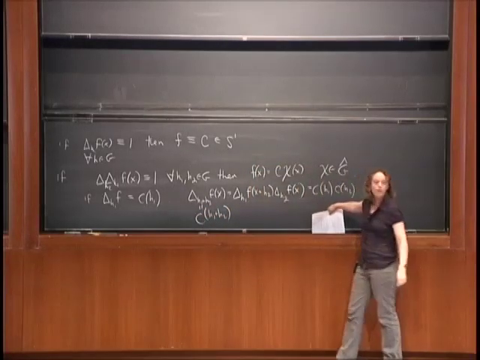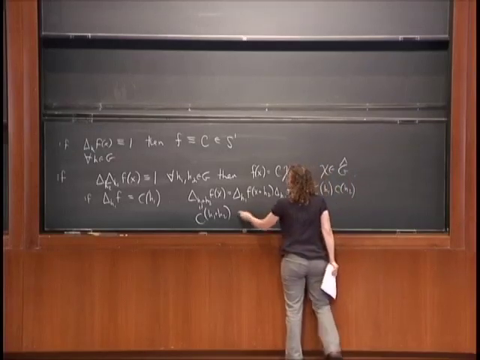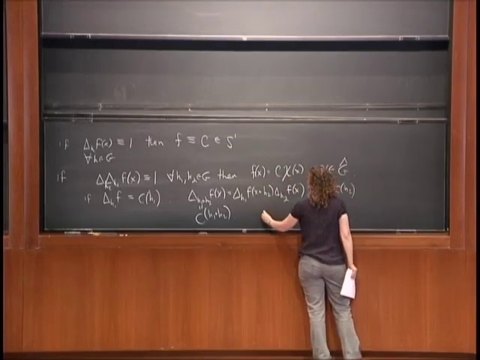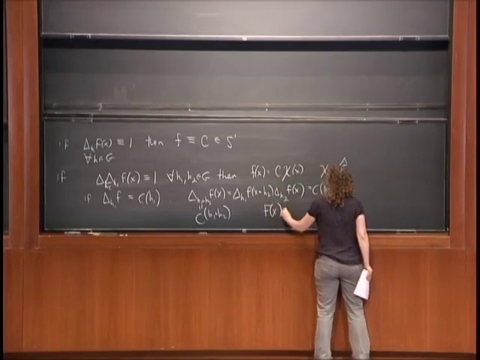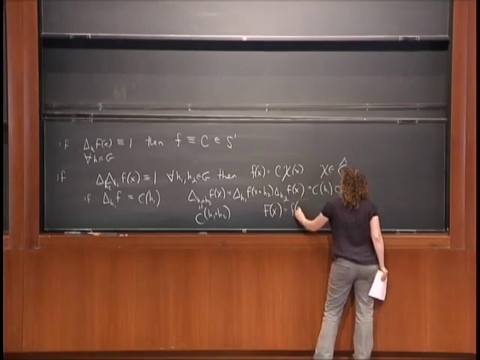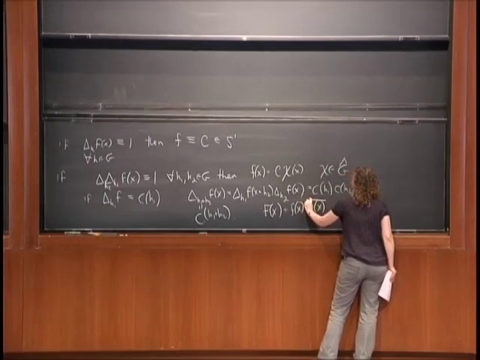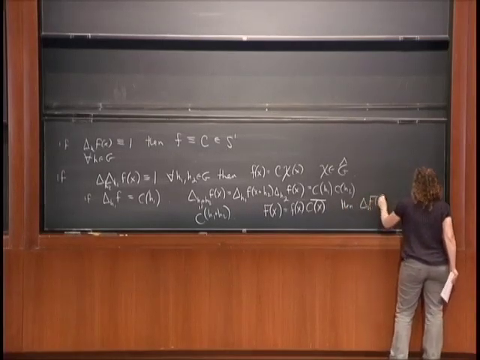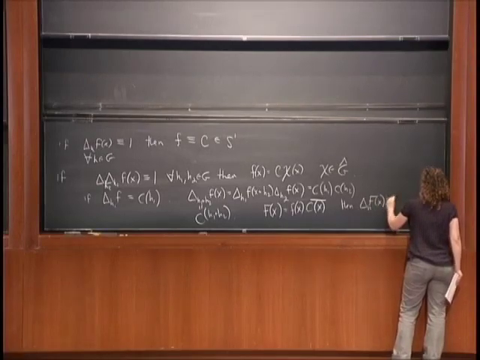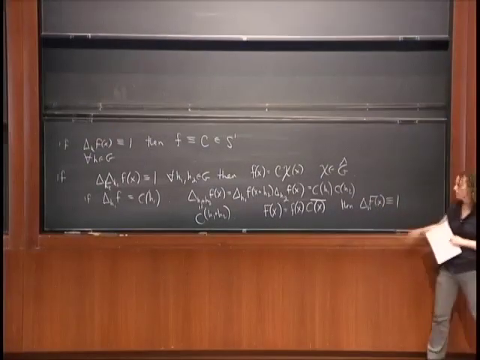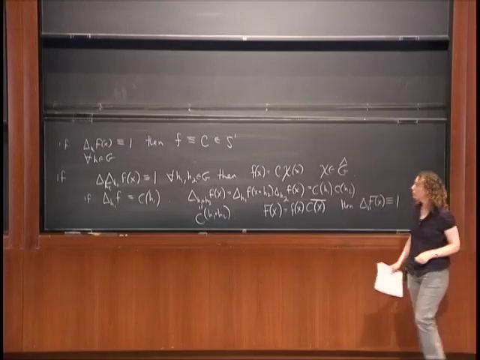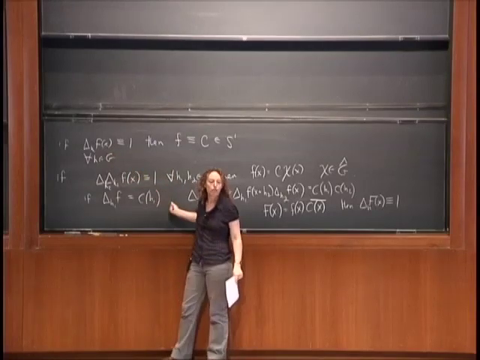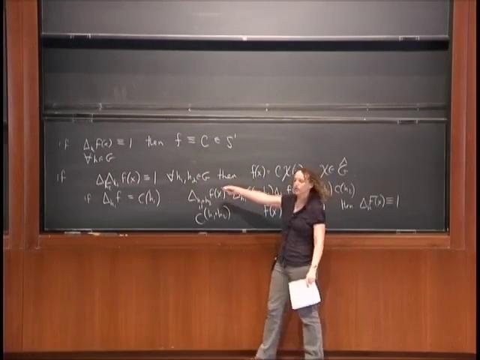So this c is a character, and so we can guess what this character is supposed to be. We define the function f of x to be little f of x times c of x bar, then delta_h f of x is 1, so this is a constant. If I have a constant function, its derivative is trivial, and if I have a linear function, a character, then the second derivative is 0.